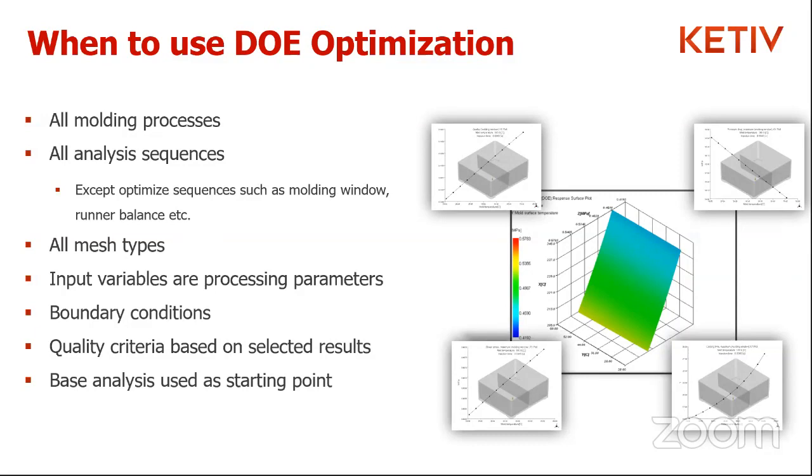So really now you're able to start with pretty much nothing, pretty much just the CAD geometry, and even that doesn't need to be completely locked in before you even start optimizing your process for geometry.